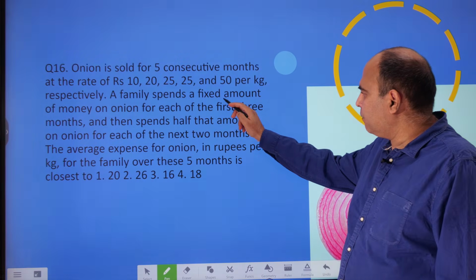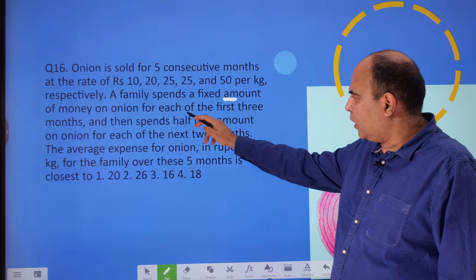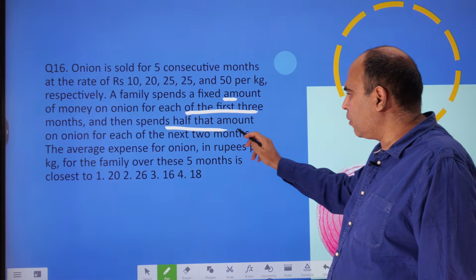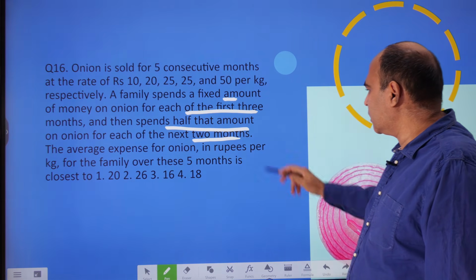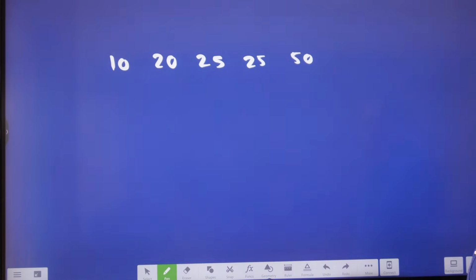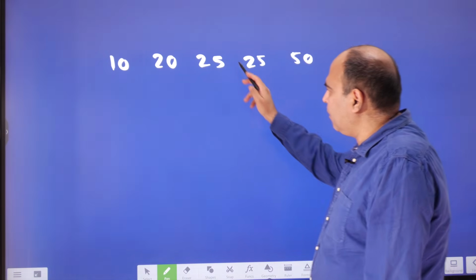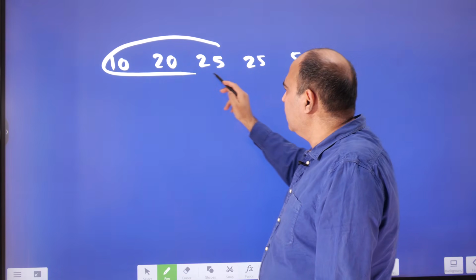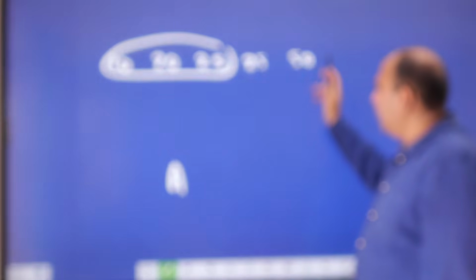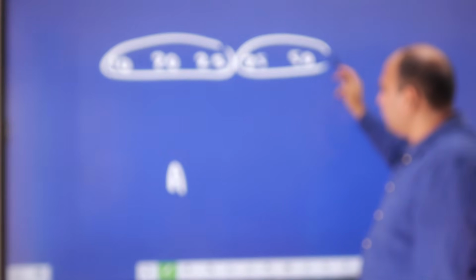A family spends a fixed amount of money on onion for each of the first 3 months and then spends half that amount on onion for each of the next 2 months. So let's assume the family is spending a fixed amount for the first 3 months, and then spending half that amount.